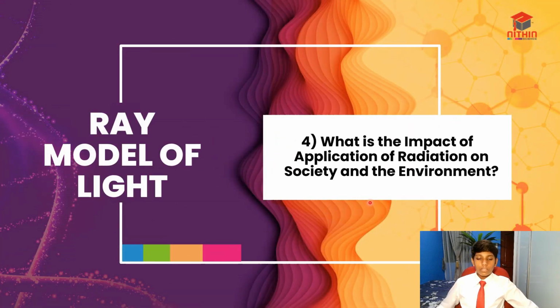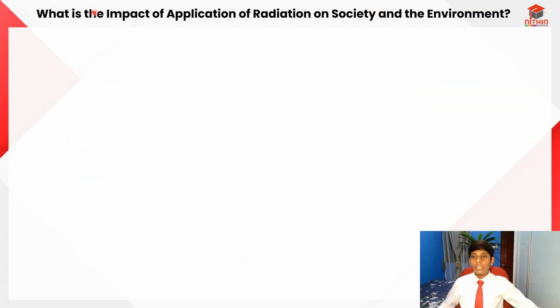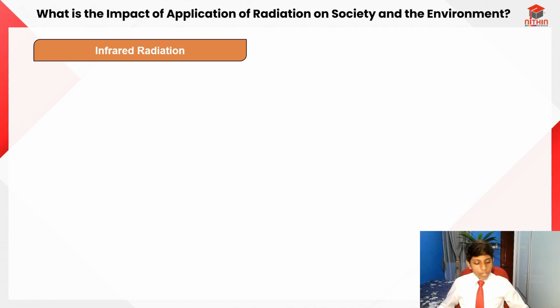Okay, next, the last segment of this video. What is the impact of the application of radiation on society and the environment? First off, let's take a look at infrared radiation.